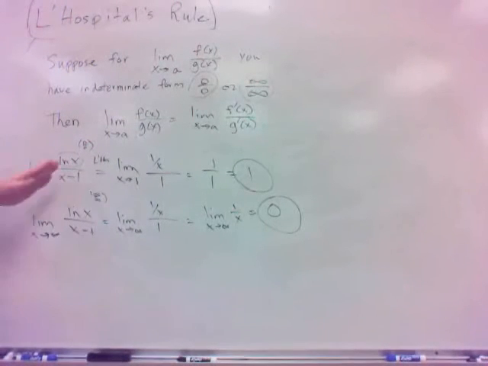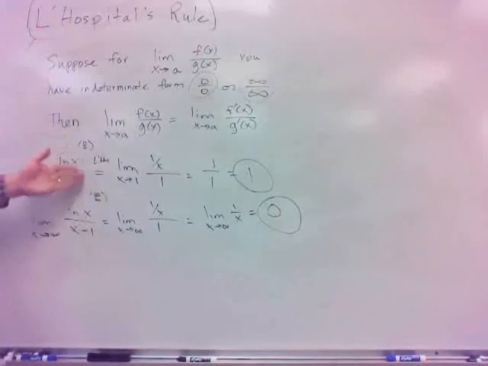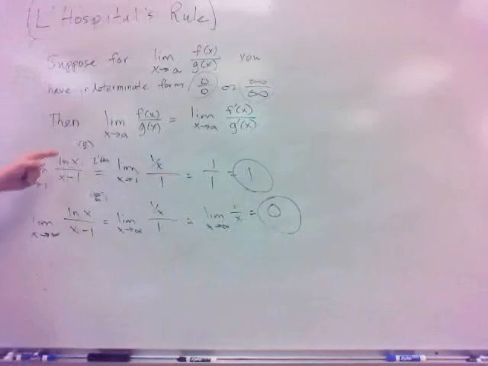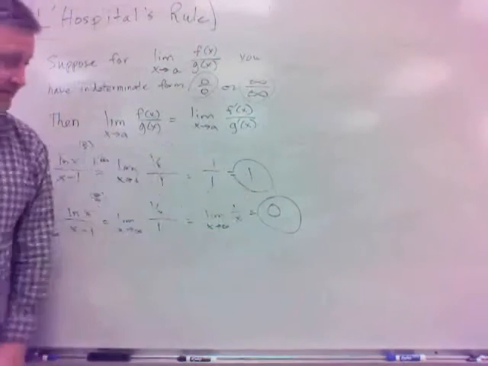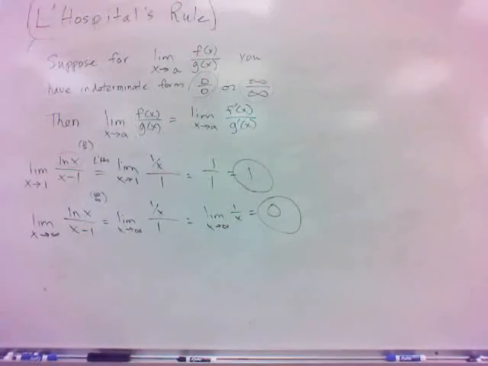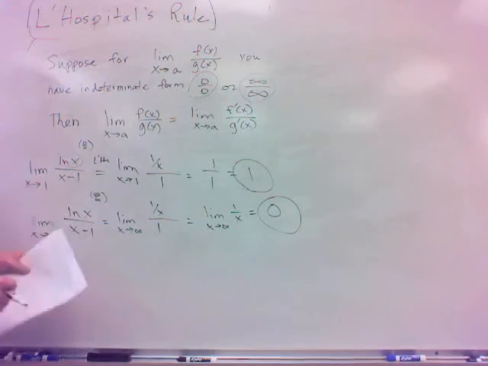So what started off as something I couldn't do, infinity divided by infinity is not 1. Turns out in this case it's 0. With 0 divided by 0, it turned out to be 1, but we can do some things with L'Hopital now if we've got those. So let's look at several examples and see where this all goes, okay?